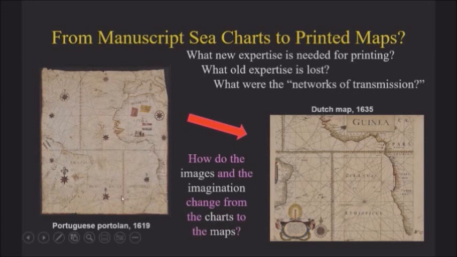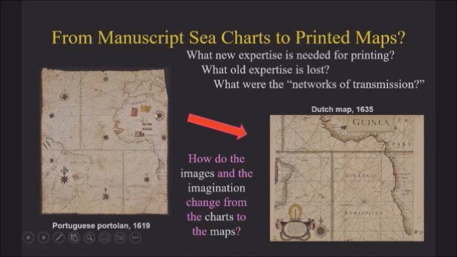how to represent on paper what they knew from the charts? How did that information pass from the Portuguese and those who were presenting and creating the charts in manuscript form, whether it was in Portugal or in Mallorca or in Genoa, the different schools of chart manufacturing, you might call it?